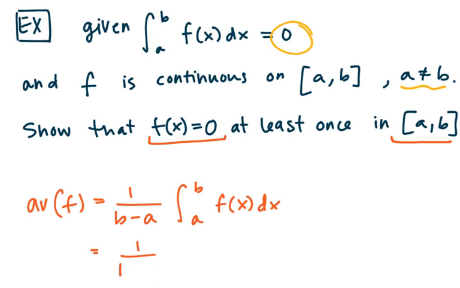And of course we know that that integral is given. This value is equal to 0. So it doesn't matter what b minus a is; regardless of that fact, the average value of this function will be equal to 0. And that's all we needed to say.